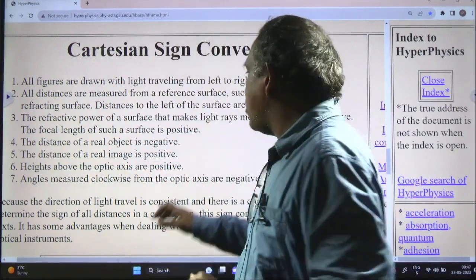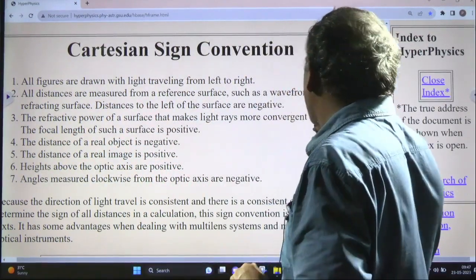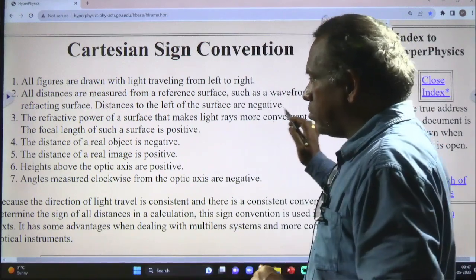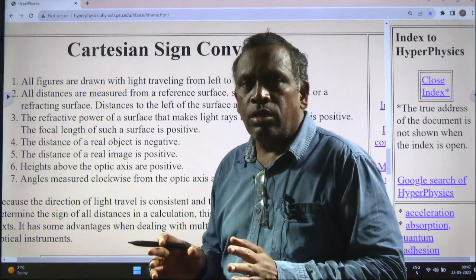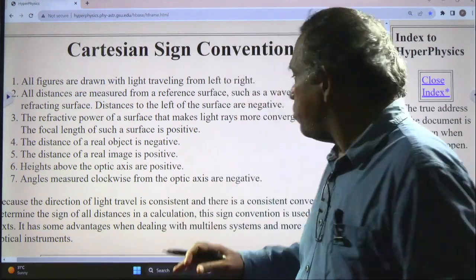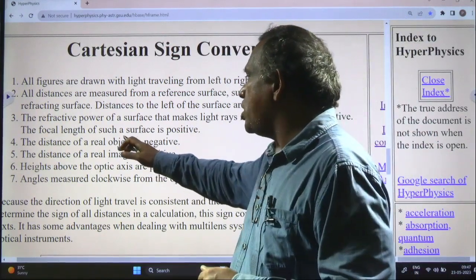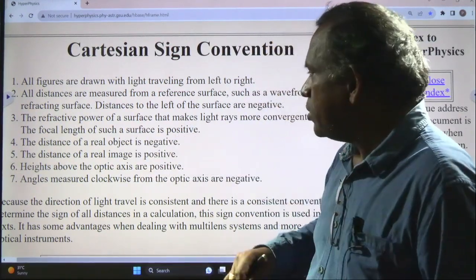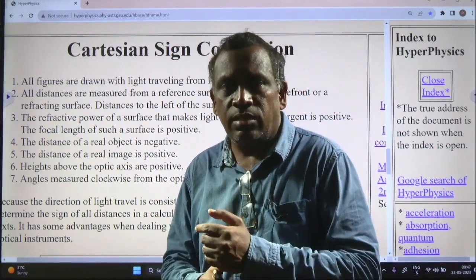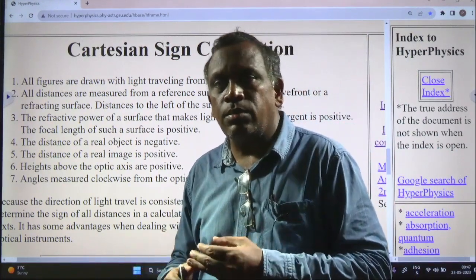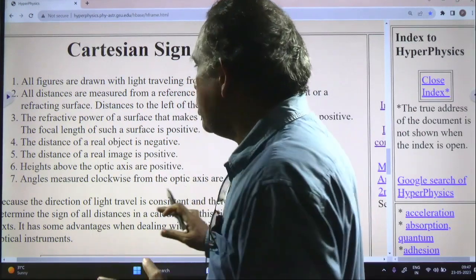If the rays are convergent, the refracting power is positive. The focal length of a convex lens is positive, and of a concave lens is negative. You have to remember this, don't get confused.